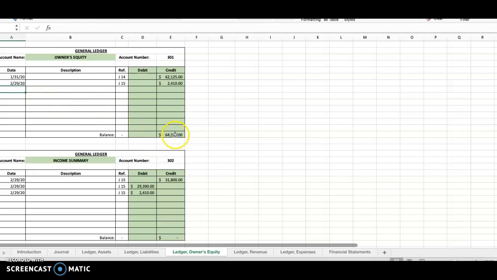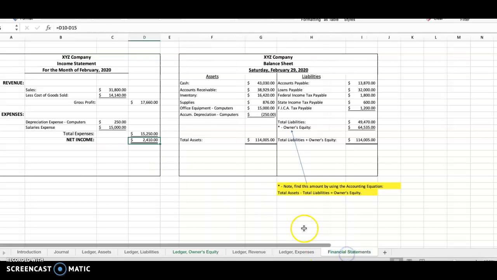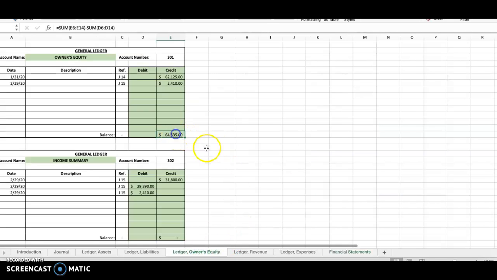But look what happened to the balance. Lo and behold, $64,535 is the same as our balance sheet that you figured using the accounting equation. That's how we reconcile the two. We literally have made this number and the balance of owner's equity agree.